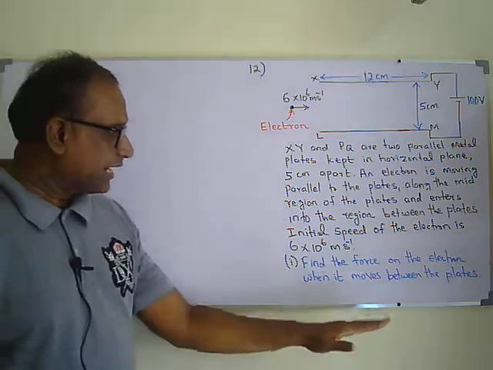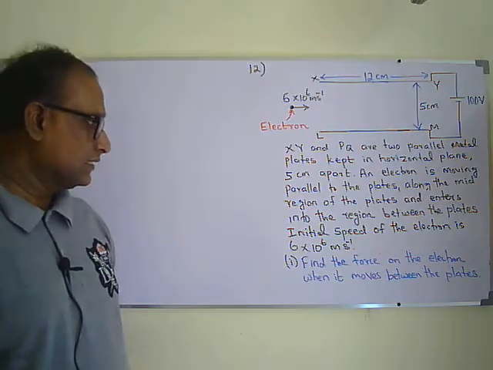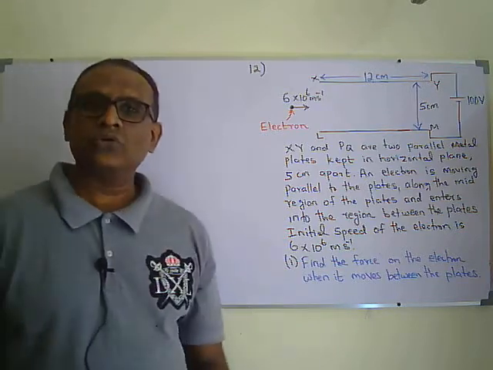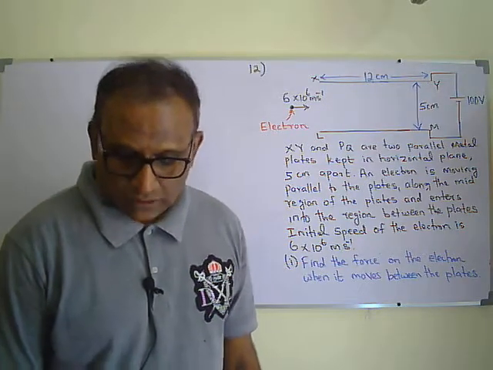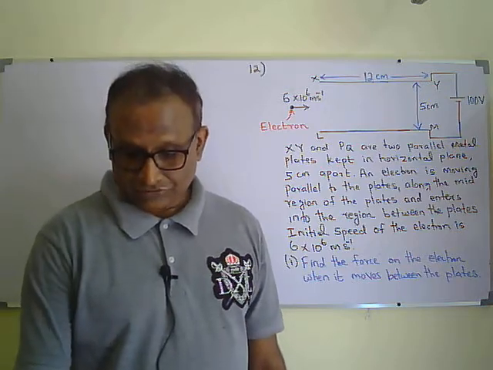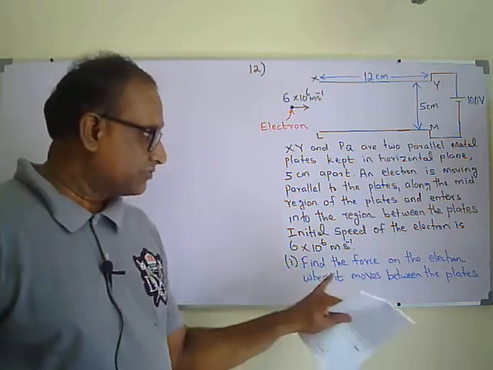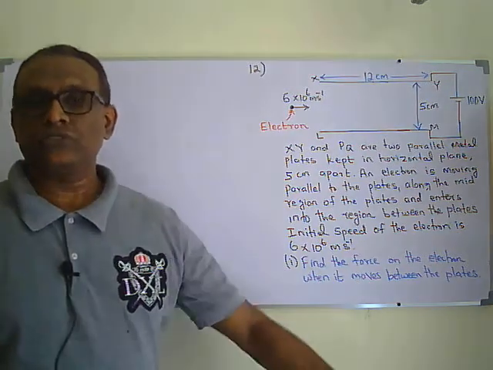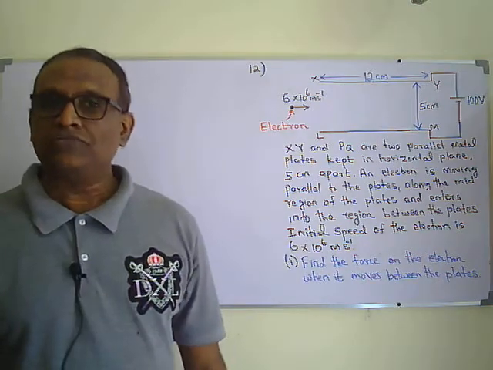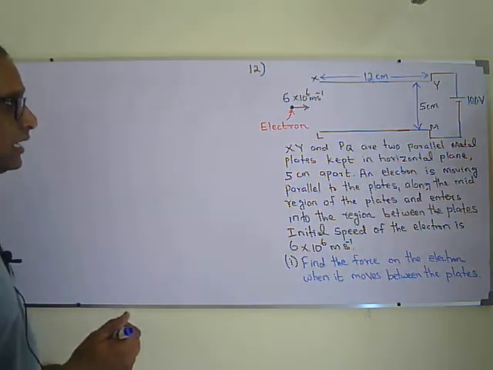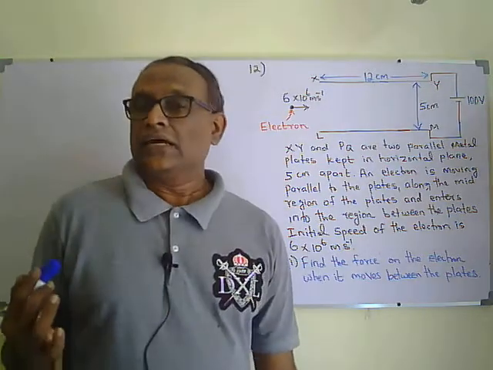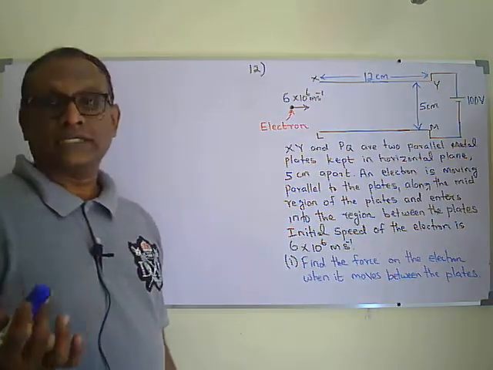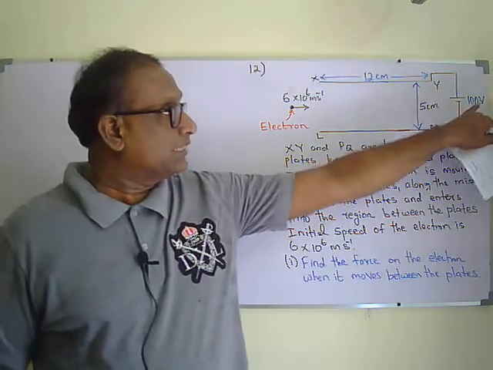Okay, the question is: find the force on the electron when it moves between the plates. Several times I told you I can neglect the gravitational force. So even if they ask to find the force, that will be the resultant force here, because that's the only force, the electrostatic force. So here I don't need to follow Newton's second law or anything, because I know the voltage across the plates.